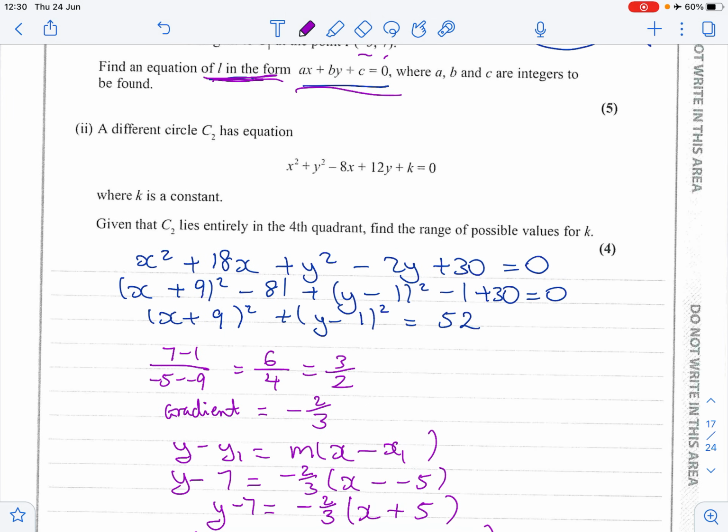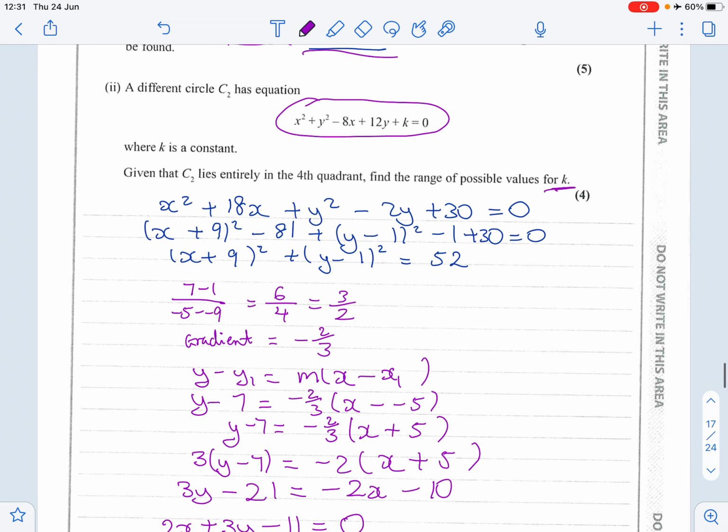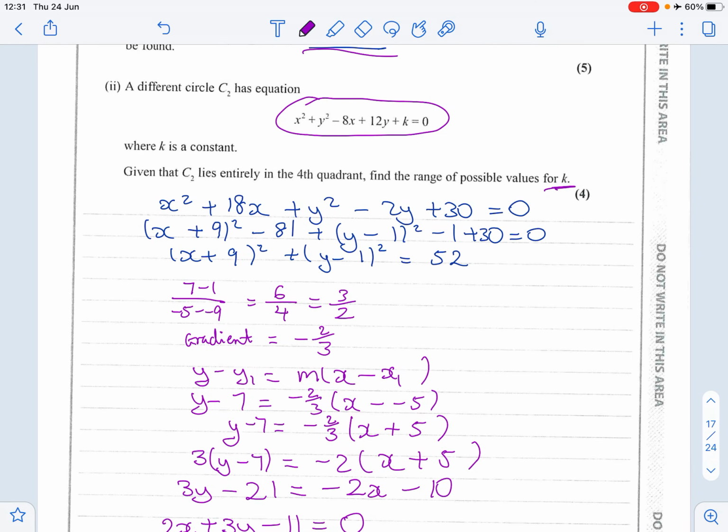Part 2, we have a different circle, C2, and k is a constant. So we're told that C2 lies entirely in the fourth quadrant, and we must find the possible range for k. So again, we're going to complete the square and put it into this format.